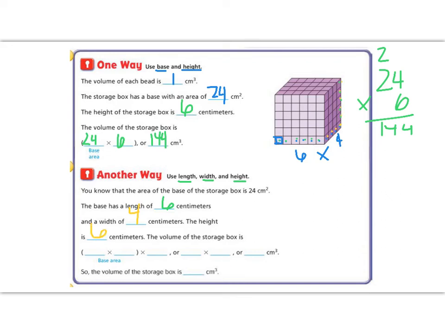So we could find this volume by multiplying 6 times 4 times 6, or 24 times 6, which we just did was 144. So you have a couple of options. You could find the base area first and then multiply the height, or you could do it all in one step, length times width times height. But either way, we get the same answer of 144. Great job, 5th graders.